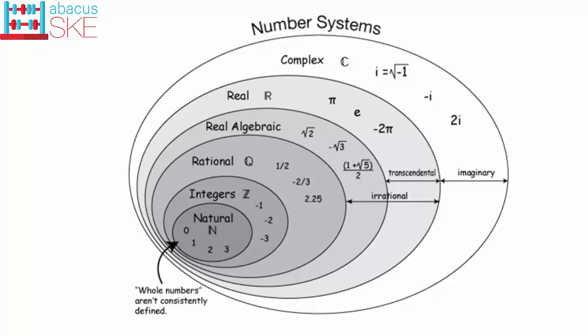I mean, the rational numbers which you see outside of the integers, well, the Greeks understood those. They were quite happy to deal with rational numbers. They thought the whole universe was rational. What the Greeks didn't like also were the real algebraic numbers like root 2. They knew about them, but they thought that they would be rational, or many Greeks did anyway, the Pythagoreans. You've then got the reals outside of that, and the complex numbers, which certainly come up at A level.